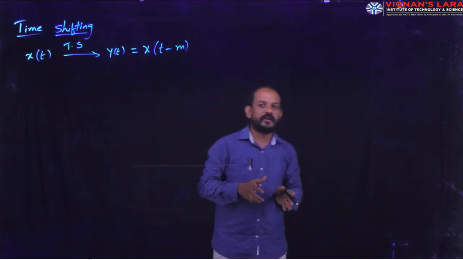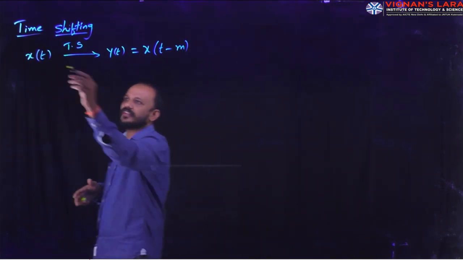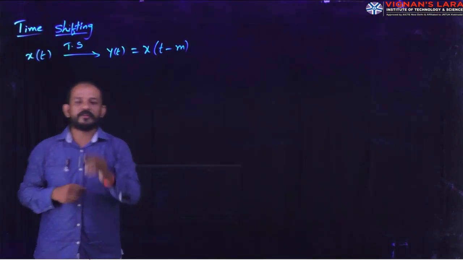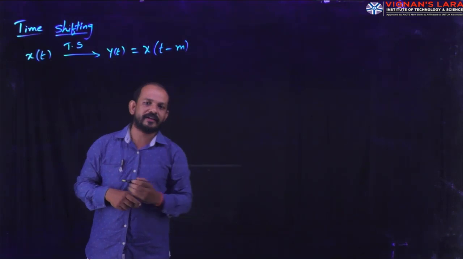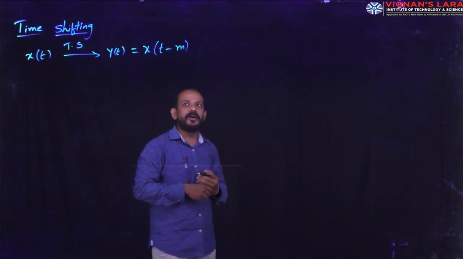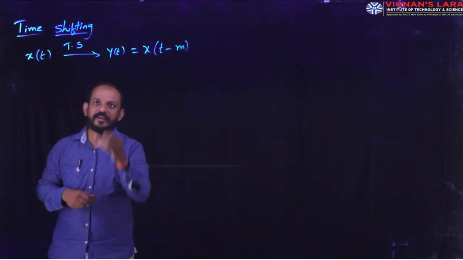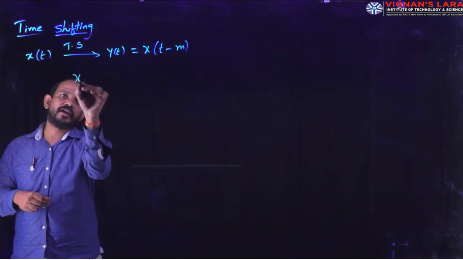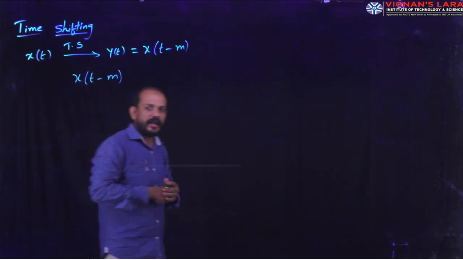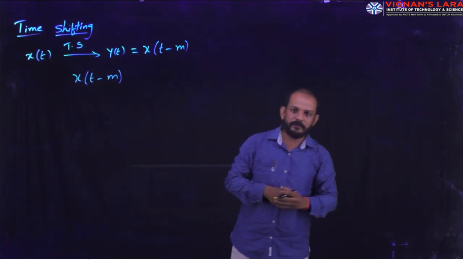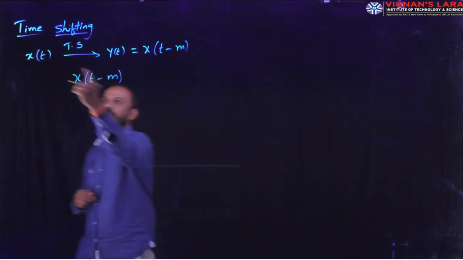If you perform the time shifting operation on a signal x of t, it will produce the equation x of t minus m. So x of t minus m is the time shifting operation of x of t.